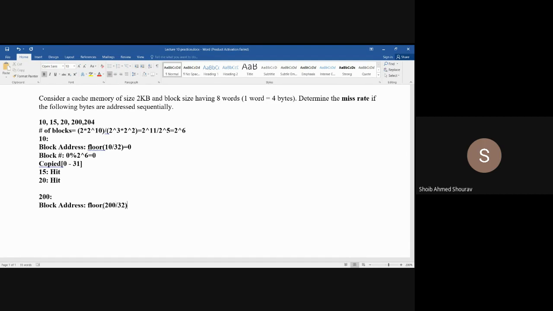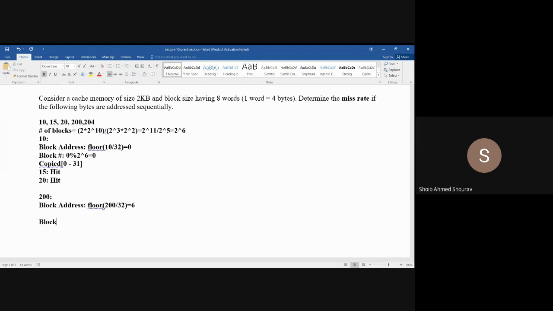Can anyone please tell me the calculation result? 200 divided by 32, not 10 divided by 32. 6. 6 point something, so it should be 6. Very good.